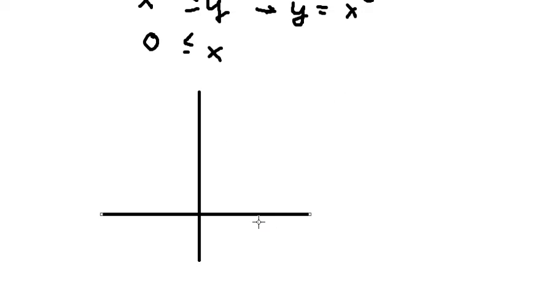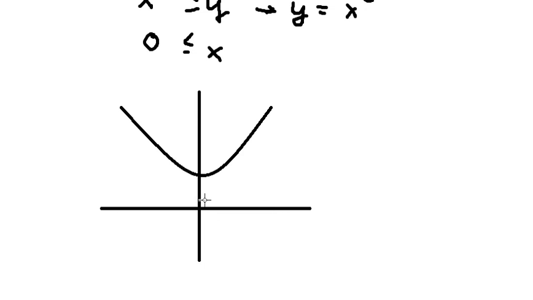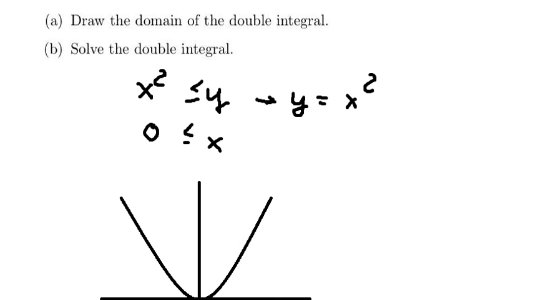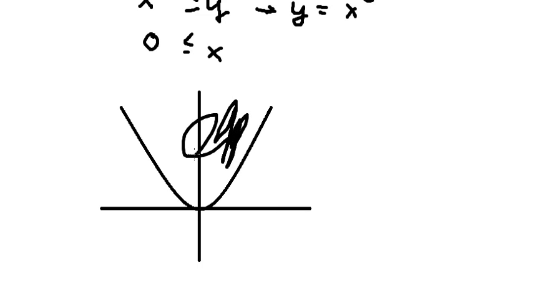So that should be like this. The next one is y bigger than or equal to x squared, so that should be this area in here. And x is greater than or equal to 0, so that should be positive. So the region we need to focus on is this one.